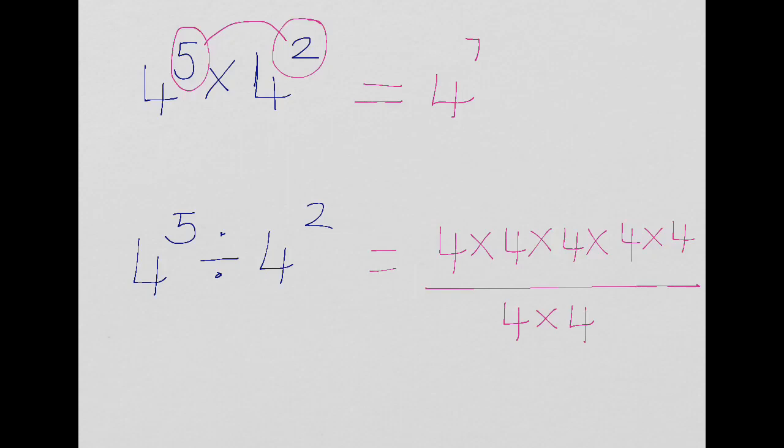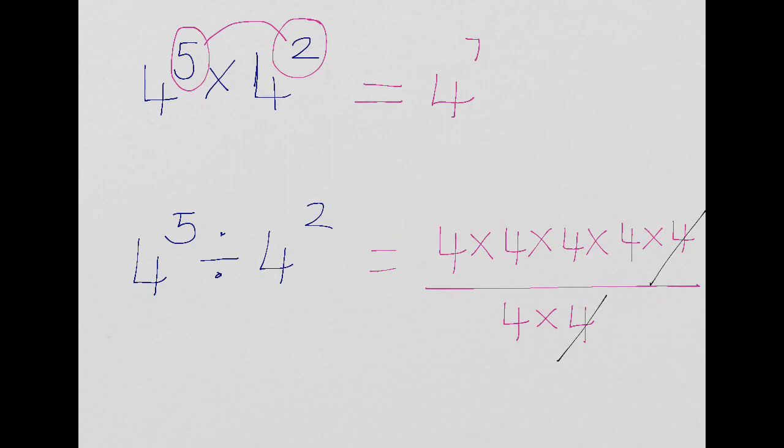Well, if we do some dividing now, and remember equivalent fractions, this is where all our knowledge in maths links together. Equivalent fractions is where we can divide the numerator and the denominator by the same value, and it's still worth the same amount. So I could divide the top and the bottom by 4.